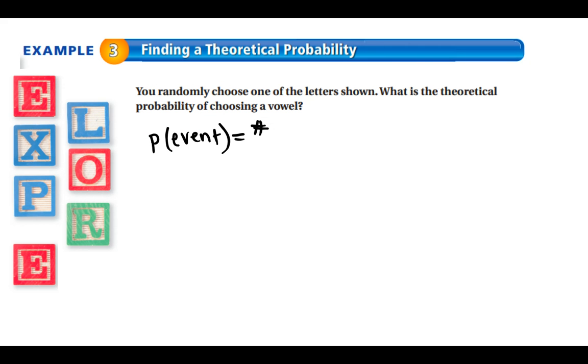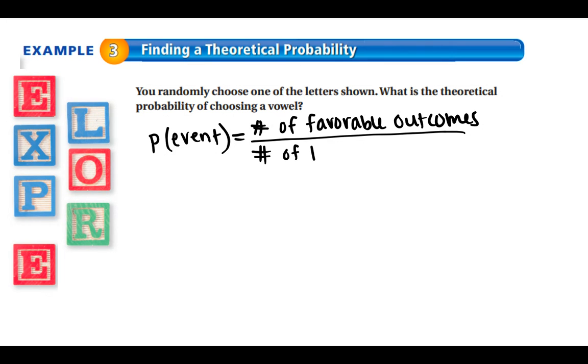It's the number of favorable outcomes on the top over the number of possible outcomes on the bottom. So the probability of a vowel is what it wants us to find.